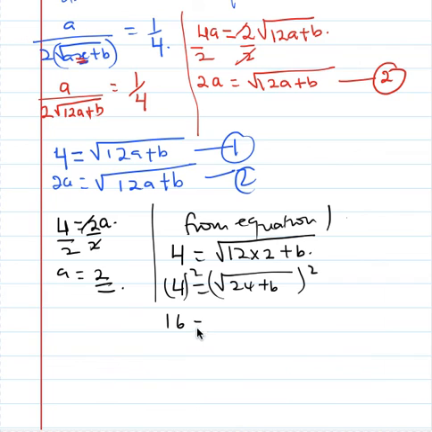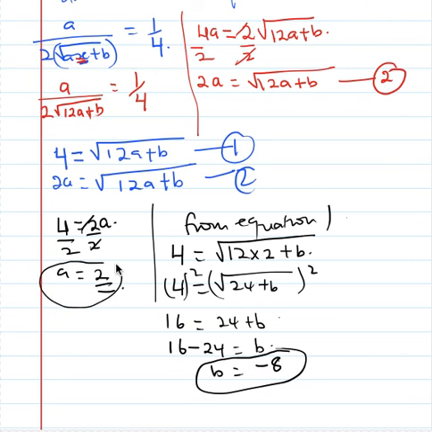So 16 on the left is equal to 24 plus b. So 16 minus 24 is b, so our b will be negative 8. So we've got the two values which the question required.